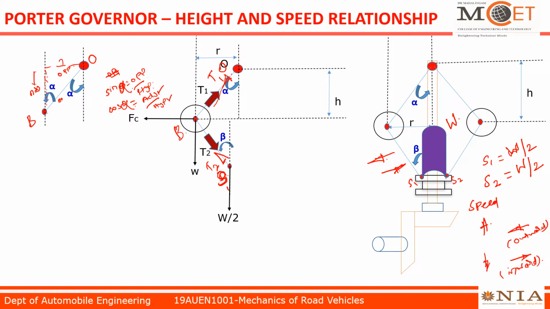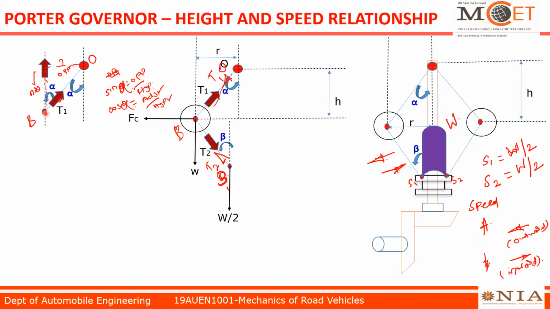Sin alpha equals opposite by hypotenuse. Cos alpha equals adjacent by hypotenuse. This line is opposite to alpha. If I take the hypotenuse as T1, then the opposite side is T1 into sin alpha.